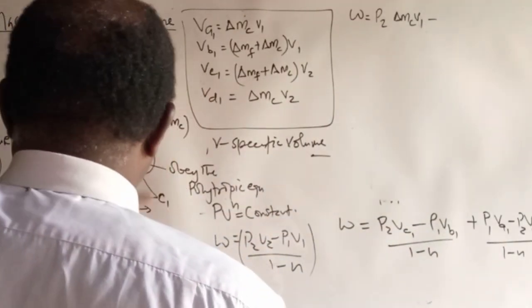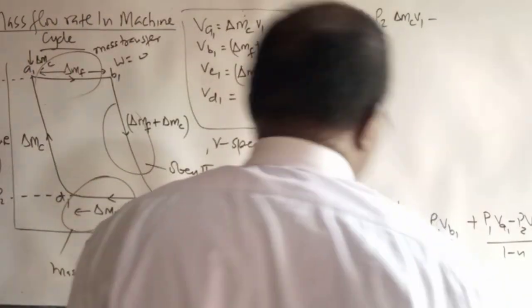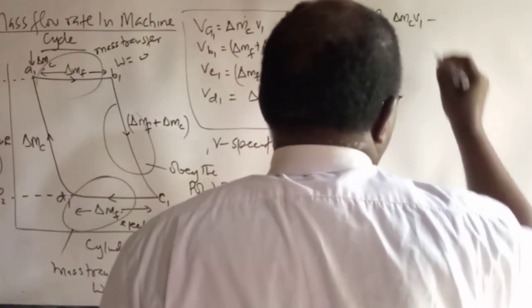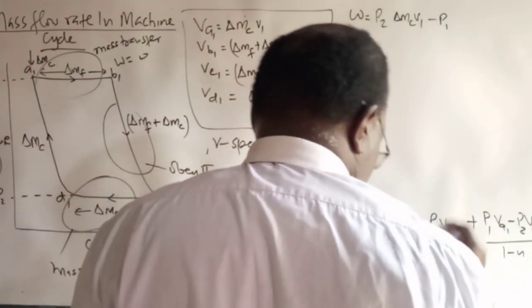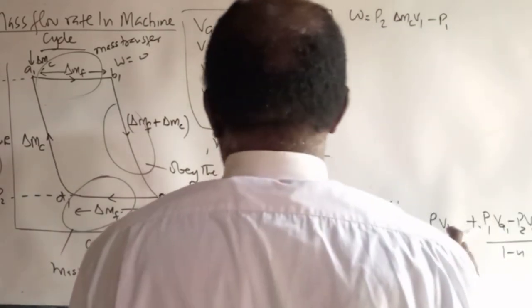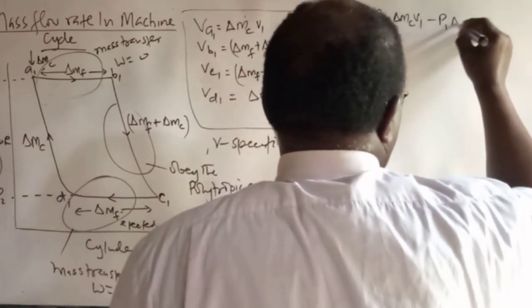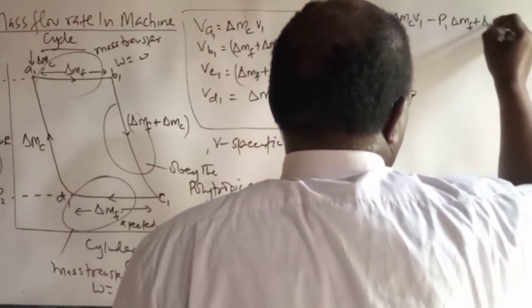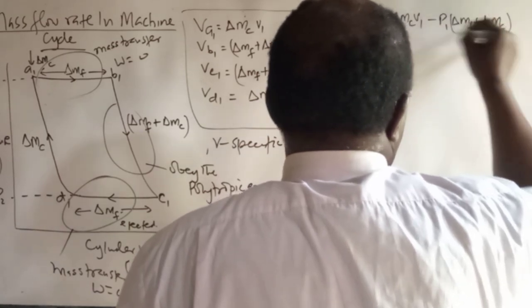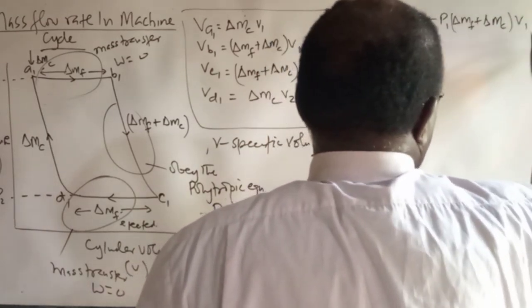We had VC1 minus P1, so that is P1, I've forgotten to write it down. VB1 will be delta MF plus delta MC V1.